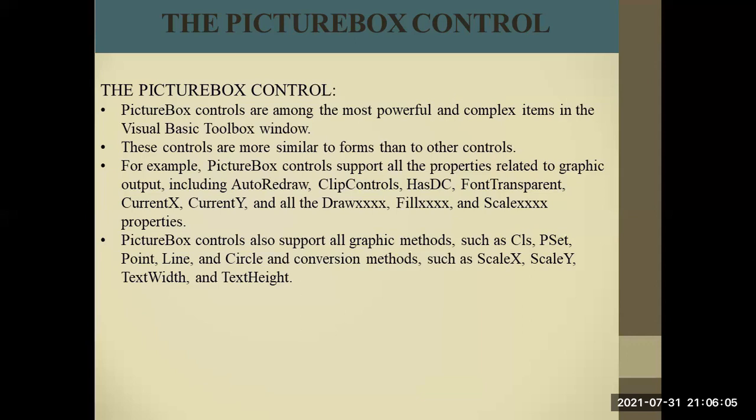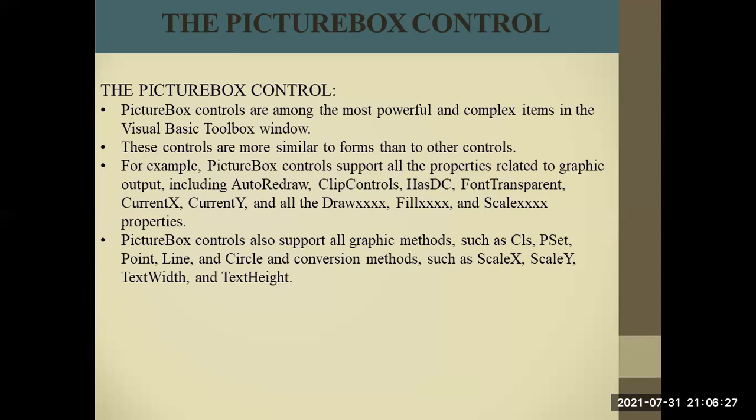This control is more similar to a form than the other controls. The picture box control supports all the properties. As I already said, each of these controls is associated with certain properties, and we have also listed some of the common properties for the controls.